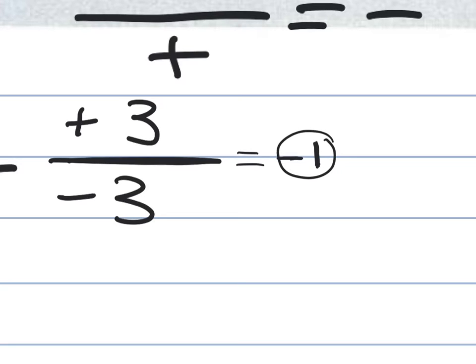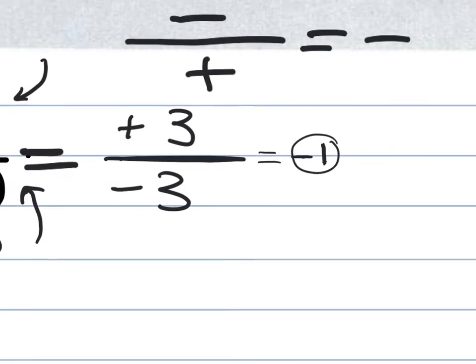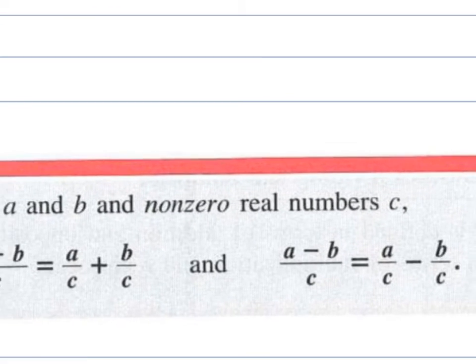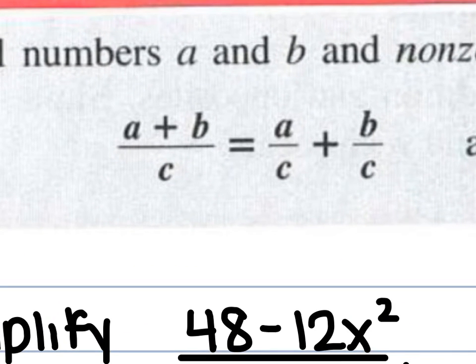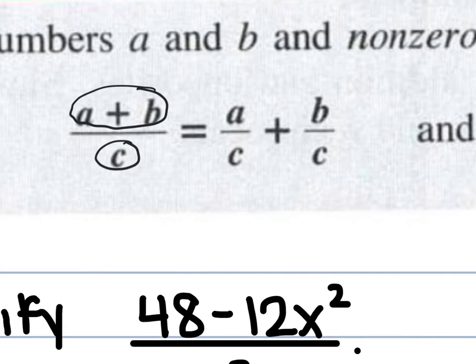And our last problem that we're going to do today has to do with splitting up fractions. Now I'm going to tell you right here, this is the one that's going to get people. If I've got A plus B, if I've got two things that are either being added or subtracted all over the same denominator, then that means the same thing as this.